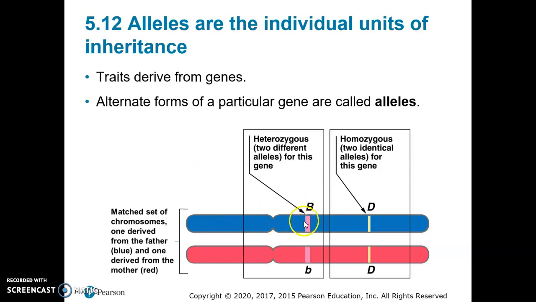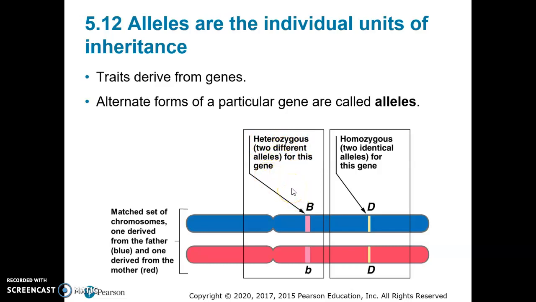Okay, and so when we're looking at that, remember they lie on a homologous pair of chromosomes. And so if an individual has two different forms of the allele, like the brown allele and the blue allele, that individual is termed heterozygous. Hetero means different, and you're saying different forms, basically, of the allele.